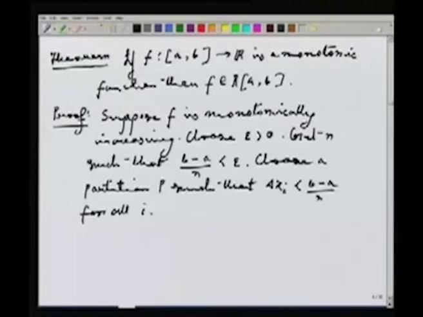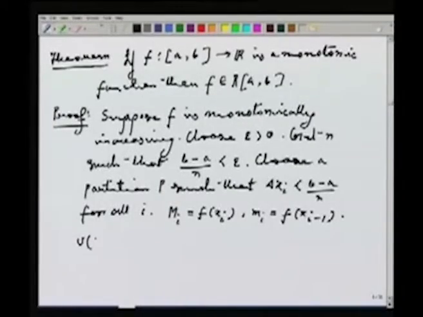That can be done. Now notice one more thing, that since f is monotonically increasing, capital Mi is equal to f(xi) and little mi is f(xi minus 1). This is simply because f is monotonically increasing. At the right hand point, the value of the function is highest, and at the left hand point, the value of the function is lowest. Then I look at UPF minus LPF.